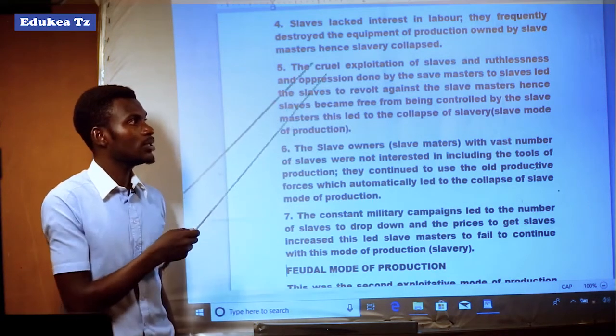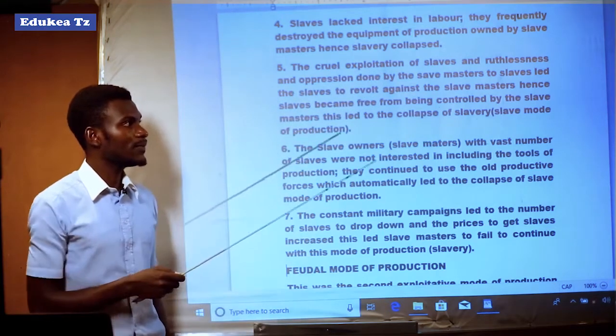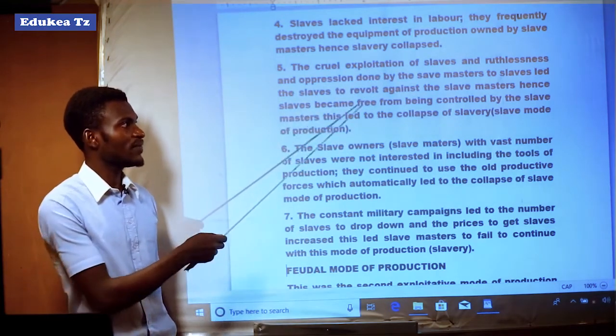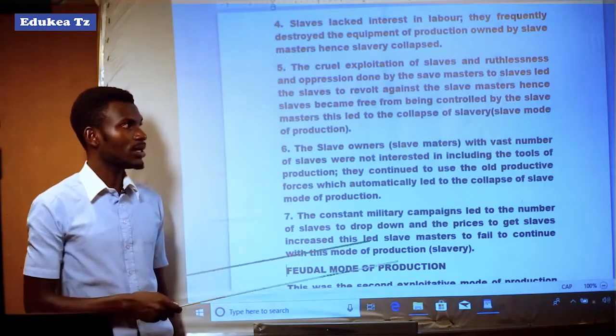The fifth one: the cruel exploitation of slaves, and the ruthlessness and oppression done by the slave master to slaves, led the slaves to revolt against the slave masters, and slaves became free from being controlled by the slave masters. This led to the collapse of slavery.